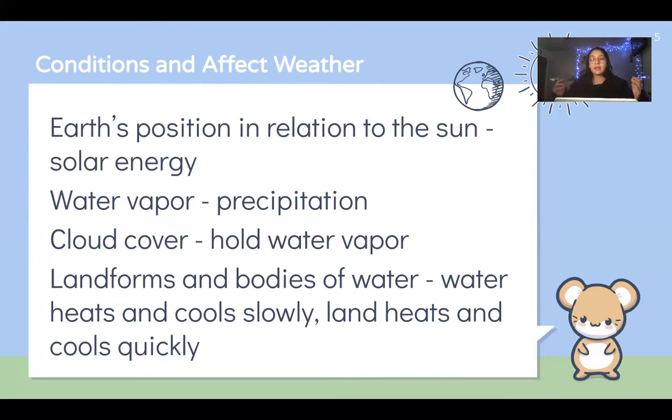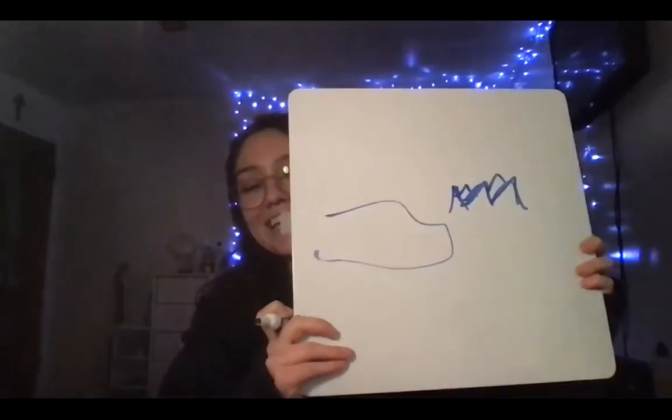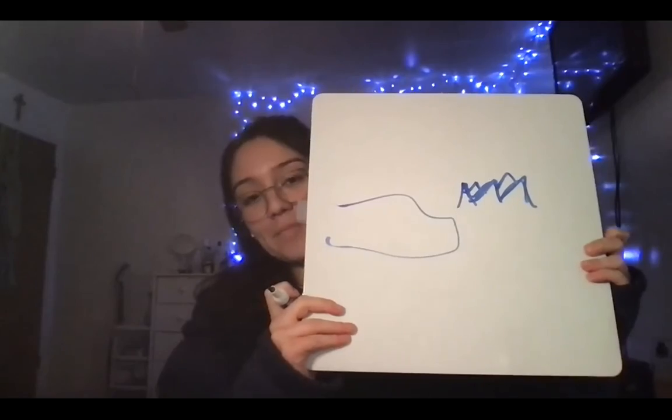Orographic is when there's some water and then a big mountain range. Let me stop sharing real quick. Oh God, this is just embarrassing. This is awful. So there's a mountain range, and the water vapor is all accumulating in this cloud up here.